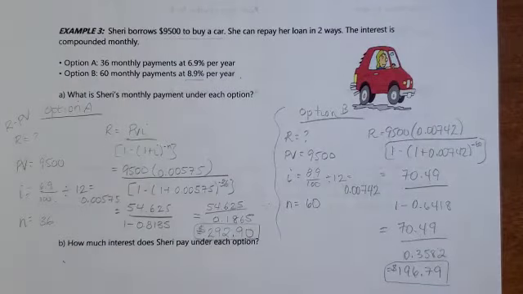So in option B, her monthly payment would be $196.79.